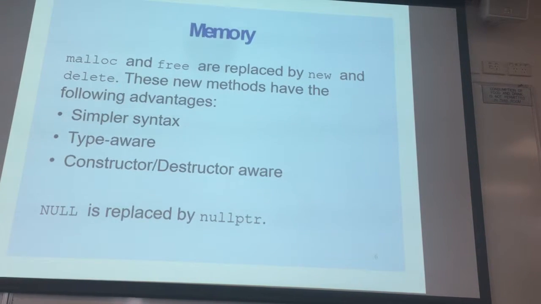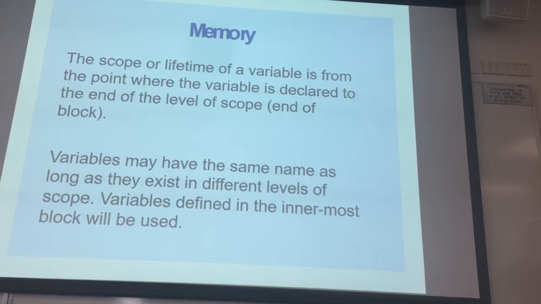Simpler syntax works well with what is provided by C++, constructors and destructors. Be aware that using NULL instead of nullptr in your assignments and exam test is penalized. You will use null for Java, but not for C++, so make sure that you are aware of that.